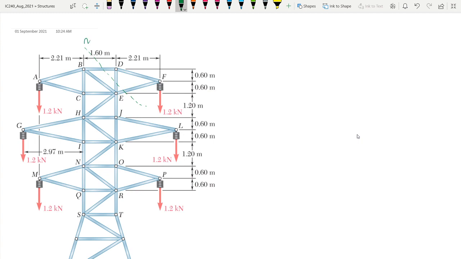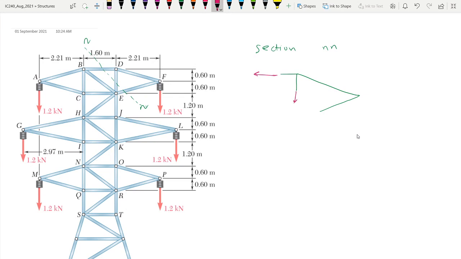So if I take a section along NN, and if I take this section out and draw the free body diagram, okay. So this is the cut section, and let me represent the force by the red vectors.